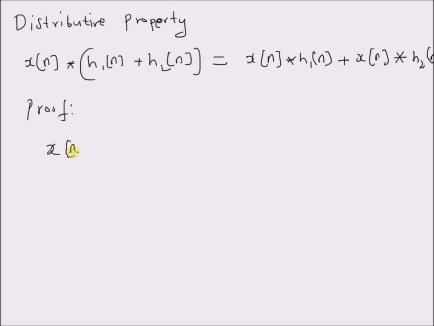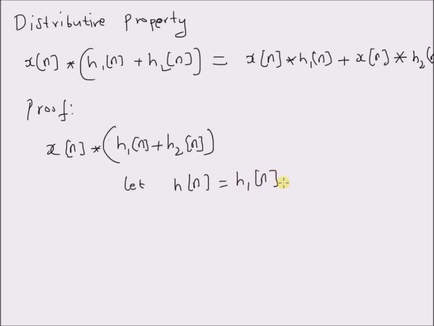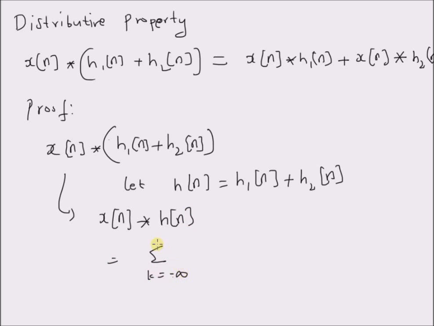X of n convolution with h1 of n plus h2 of n. Now let h of n be equal to the sum h1 of n plus h2 of n. Then this convolution becomes x of n convolved with h of n, which is by definition equal to summation k equal to minus infinity to plus infinity x of k multiplied by h of n minus k.